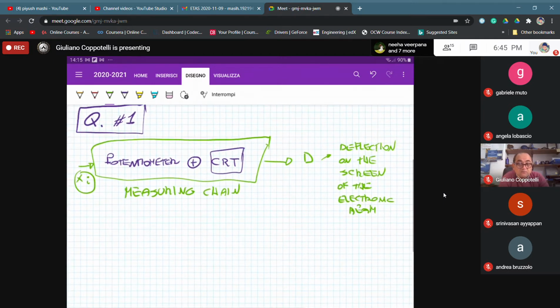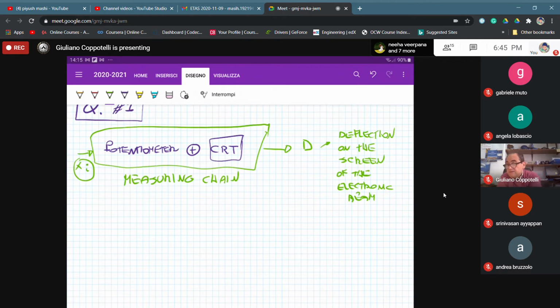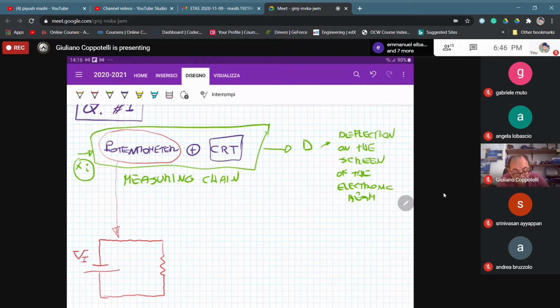Now, if you remember the potentiometer, focusing just on the potentiometer, it was characterized by a circuit. Remember, we have, for example, like that, your overall resistance of the potentiometer. This is your input voltage to the circuit, and the overall resistance is Rp.